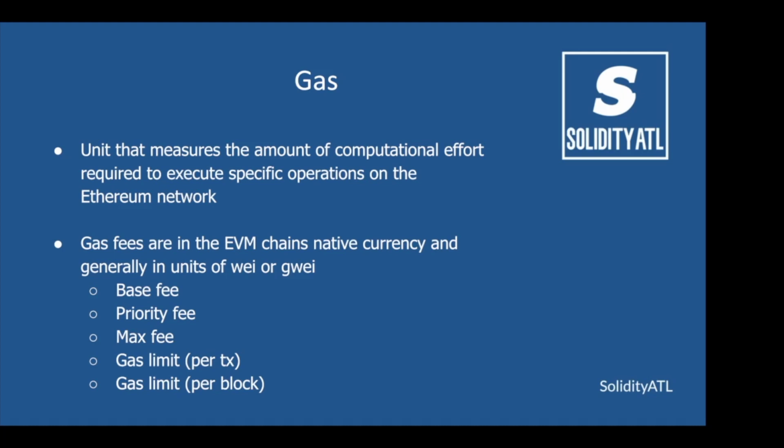In the case of Ethereum and other blockchain protocols, you are charged gas on every transaction, and the cost of every transaction is determined by what's happening in that transaction. Gas fees in Ethereum and EVM chains are required to be paid in the native currency.